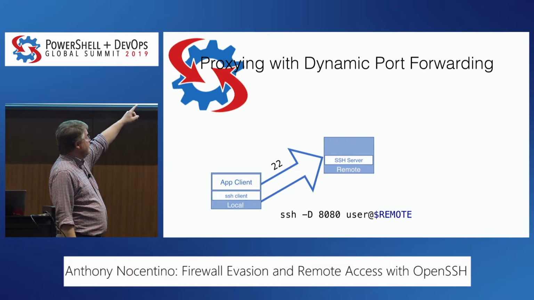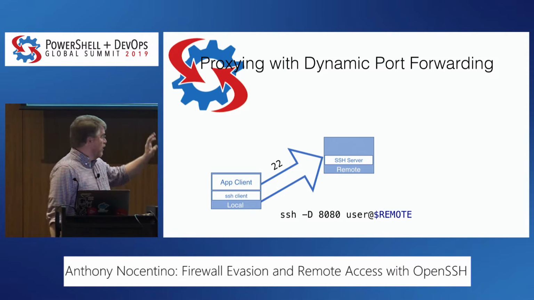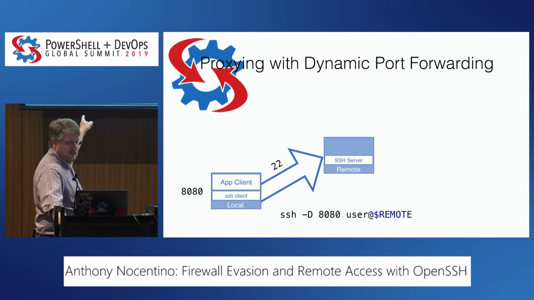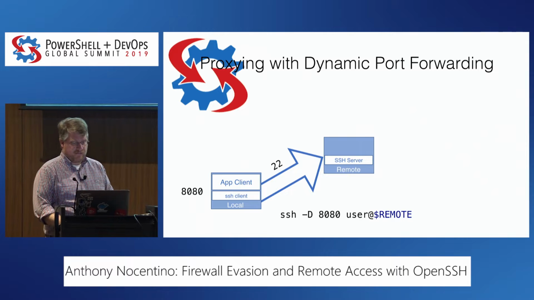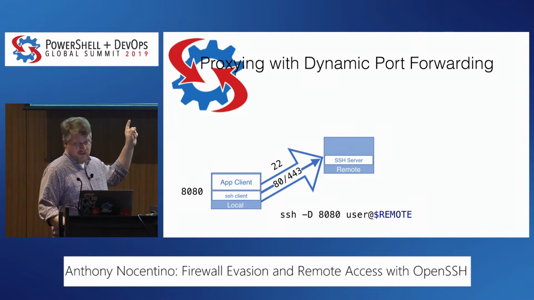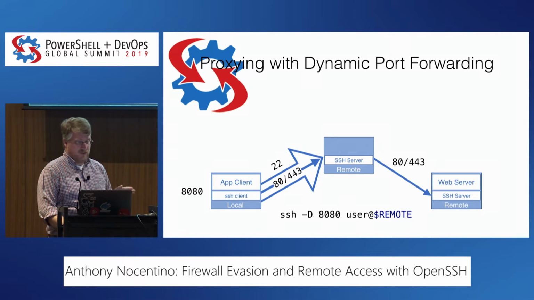So ssh -D for dynamic port forwarding. I then specify a port, 8080, and I authenticate to that remote host. What that's going to do is open a local socket on this local machine here. Now, I can use any web browser, point it to that socket as a SOCKS proxy, and connect to an arbitrary host on the network, however I want to do.